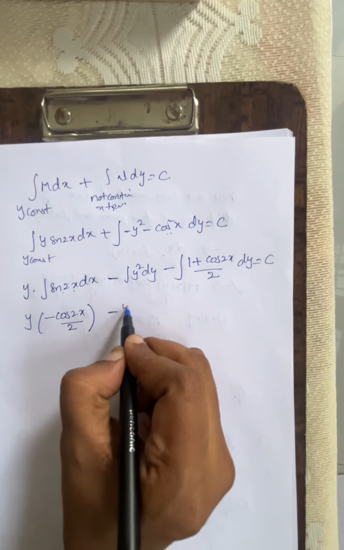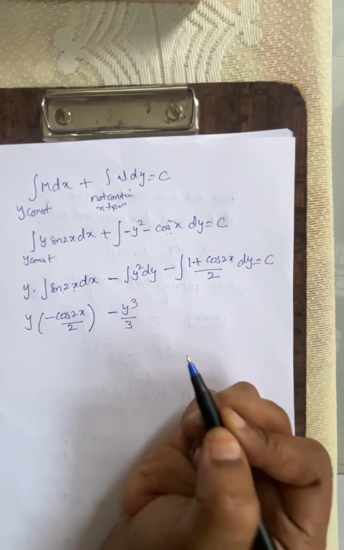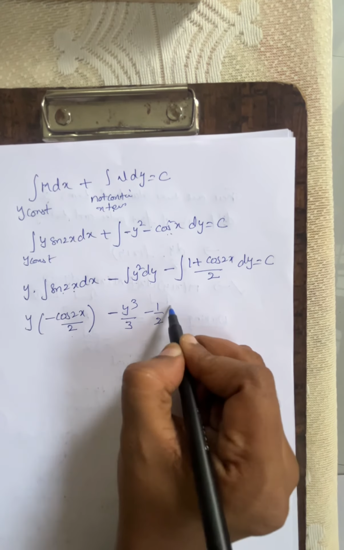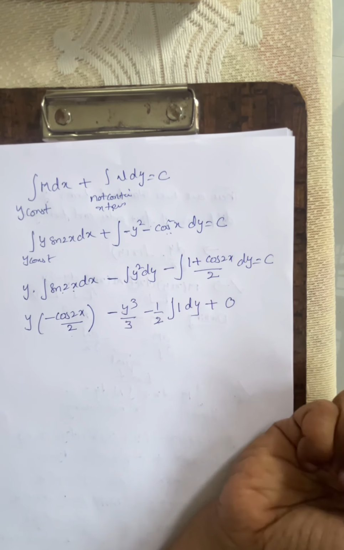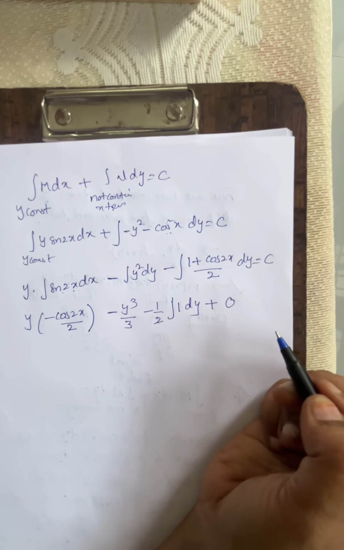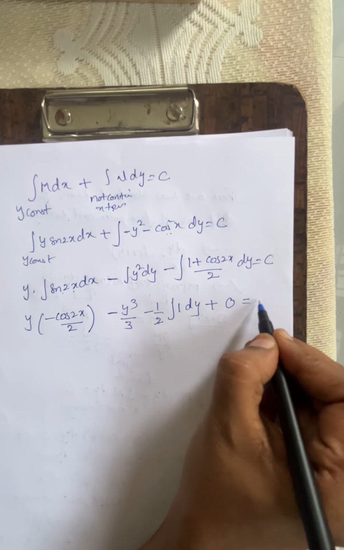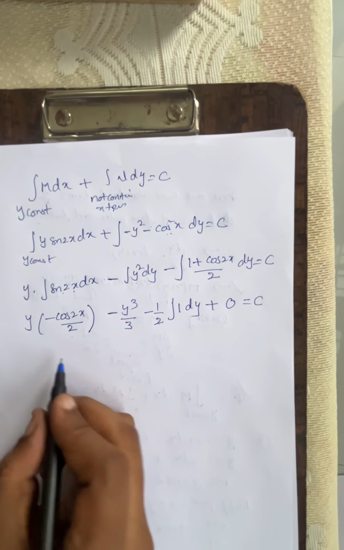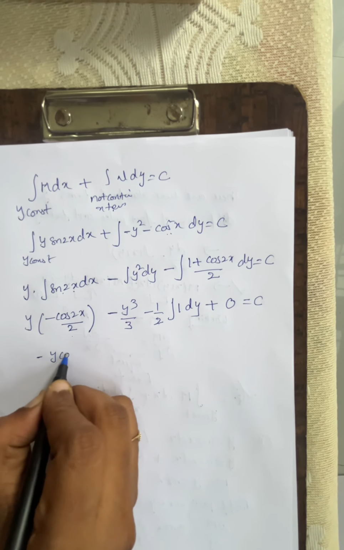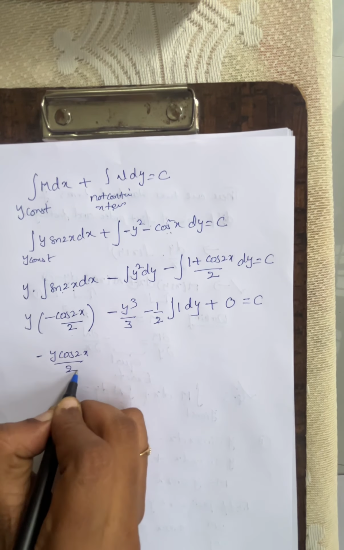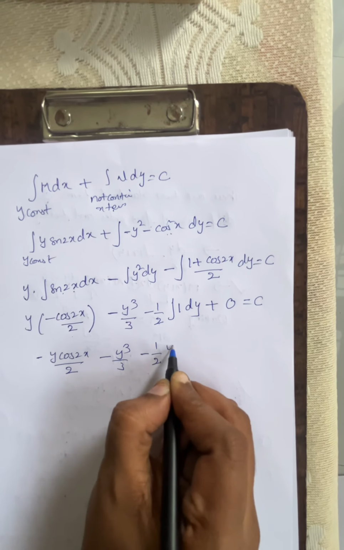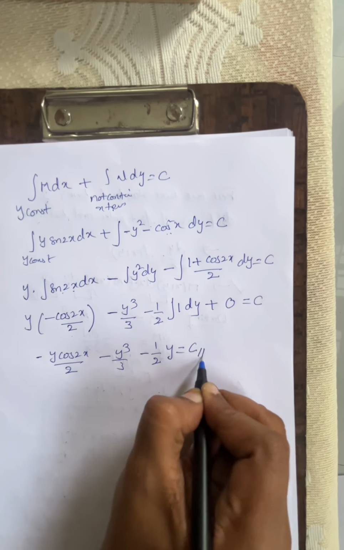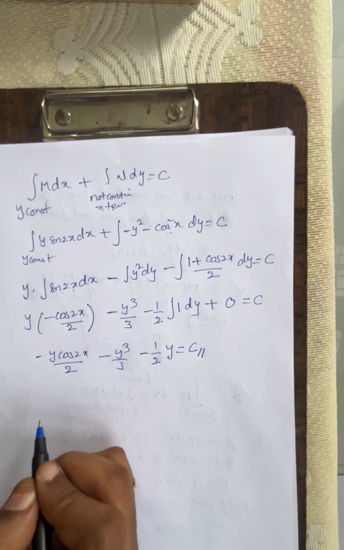The integration of y square with respect to y is y cube by 3, minus 1 by 2 integration of 1 dy, and because x is present, you are not supposed to consider that term, so we make it 0, equal to c. So the final answer is minus y cos 2x by 2 minus y cube by 3 minus y by 2 equal to c. This is called the general solution of the given differential equation.